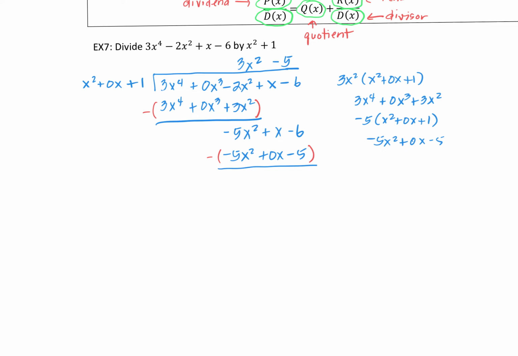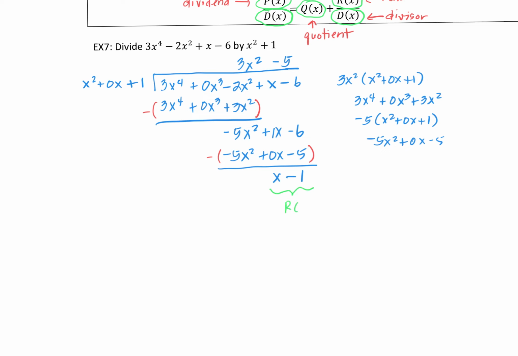Negative 5x squared minus a negative, so plus 5x squared is 0. X minus 0x would be x, because this is a 1. So 1 minus 0 is 1x. Negative 6 minus a negative, so plus 5. Negative 6 plus 5 would be a minus 1. And then this is going to be our r of x.